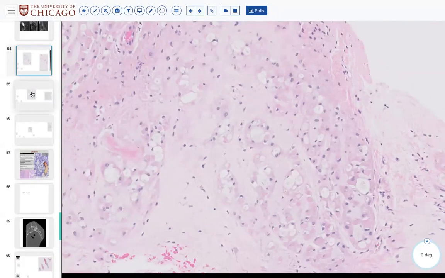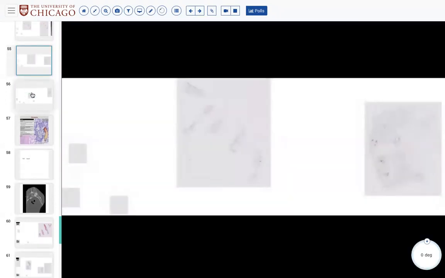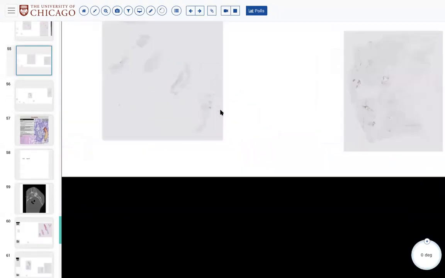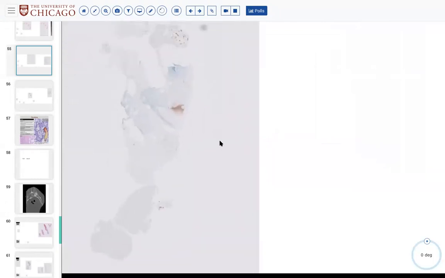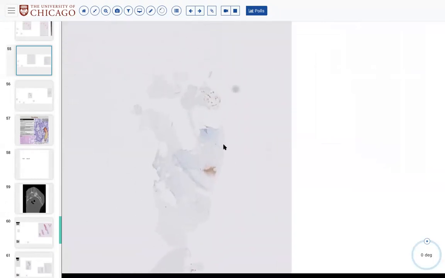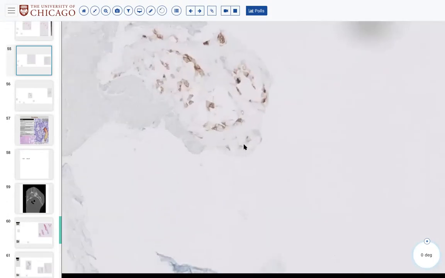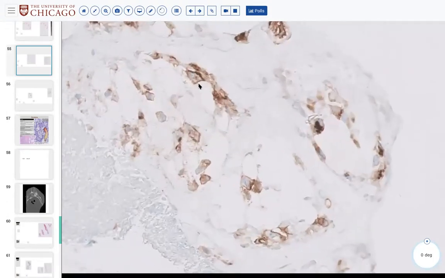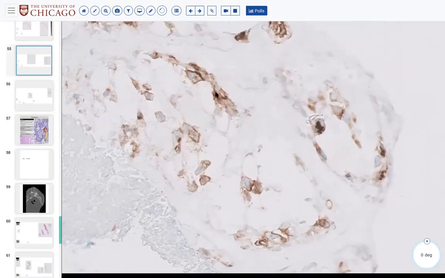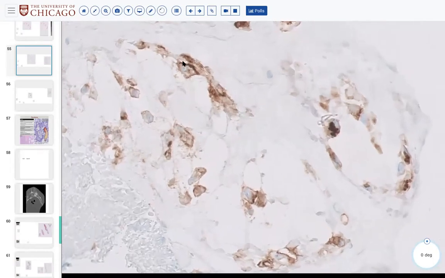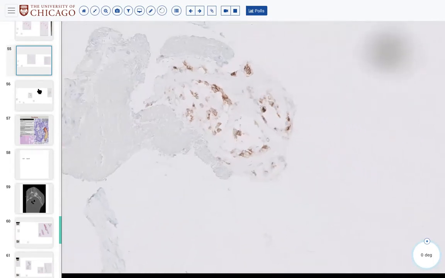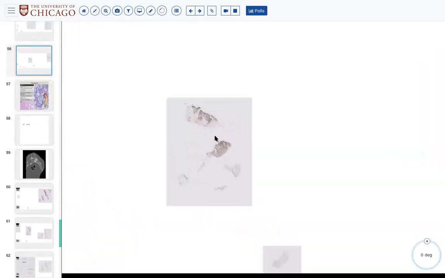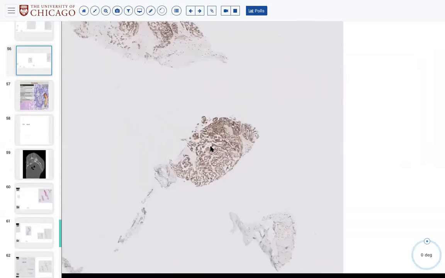Brachyury is a marker of notochordal differentiation, so you should really only see it in chordomas. I think this might have been EMA, because it's staining only the cytoplasm and not the nucleus. S100 should stain both. This was an outside case, so I'm sorry the immunos aren't perfect.